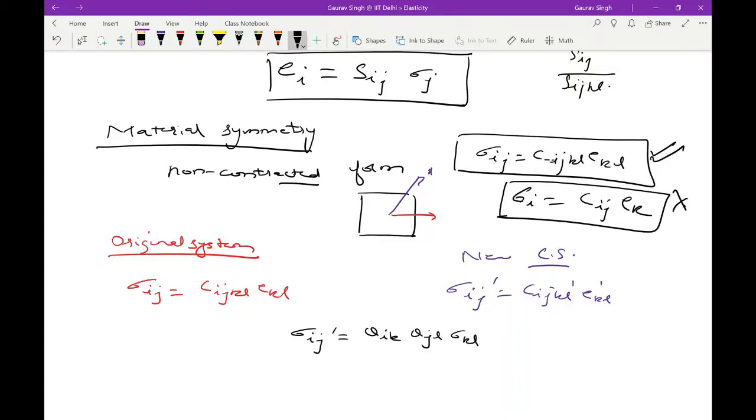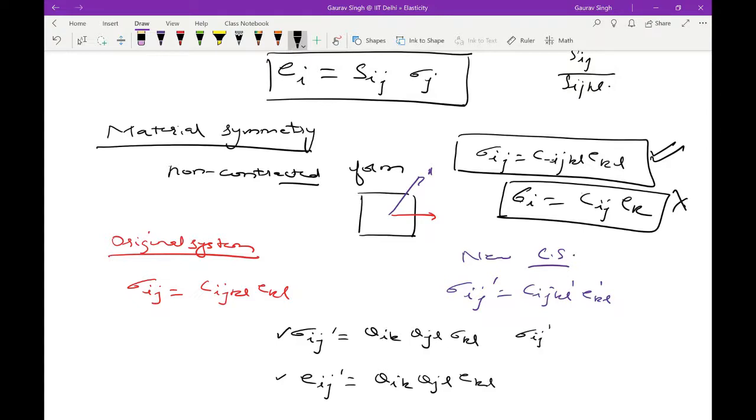Similarly the strain will also transform according to this. So this is a general transformation which is happening. Of course, it's three-dimensional. I'm showing you a picture of a two-dimensional case, but what we are doing is truly three-dimensional. Since stress is a tensor, it follows this transformation law. Since strain is a tensor, it follows this transformation law, and it also follows the inverse law, in which case the purple is the old coordinate system and red is the new coordinate system.